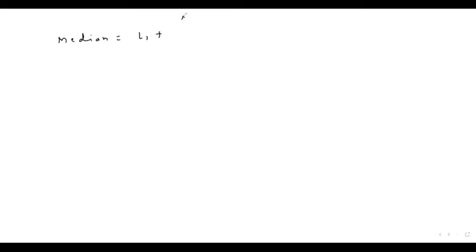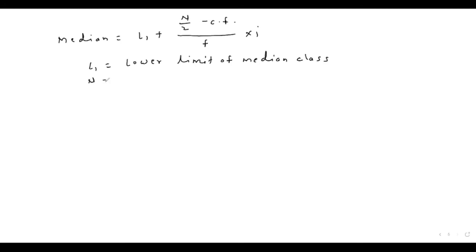So let me write the formula for this data set: median is equal to L1 plus N divided by 2 minus CF, divided by F, into I. Here L1 is the lower limit of the median class. N is the summation of frequency. CF is the cumulative frequency of the class previous to the median class.